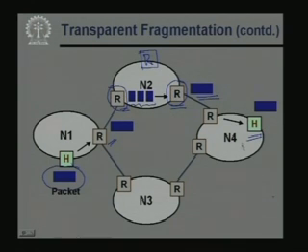So, this is the idea behind transparent fragmentation. Okay. Fine. Now, transparent fragmentation has some drawbacks, because as a packet flows you are fragmenting and reassembling the packet maybe several times. Okay. So, let us see what the main drawbacks are.